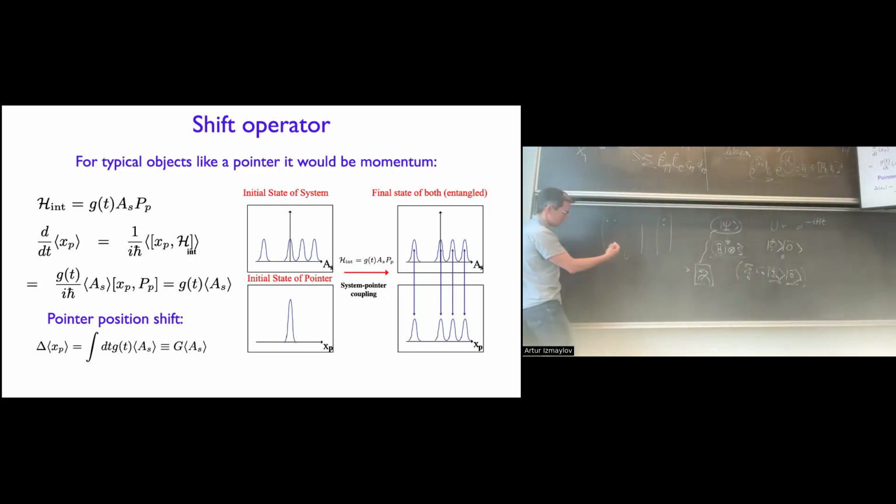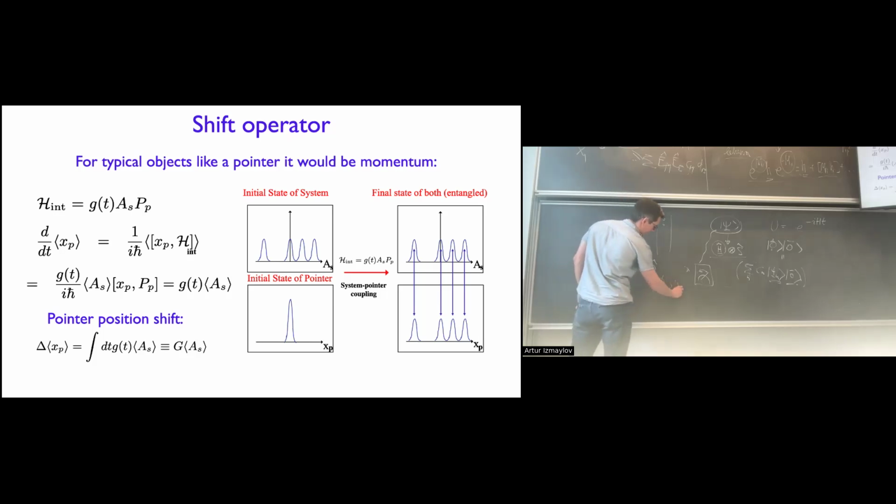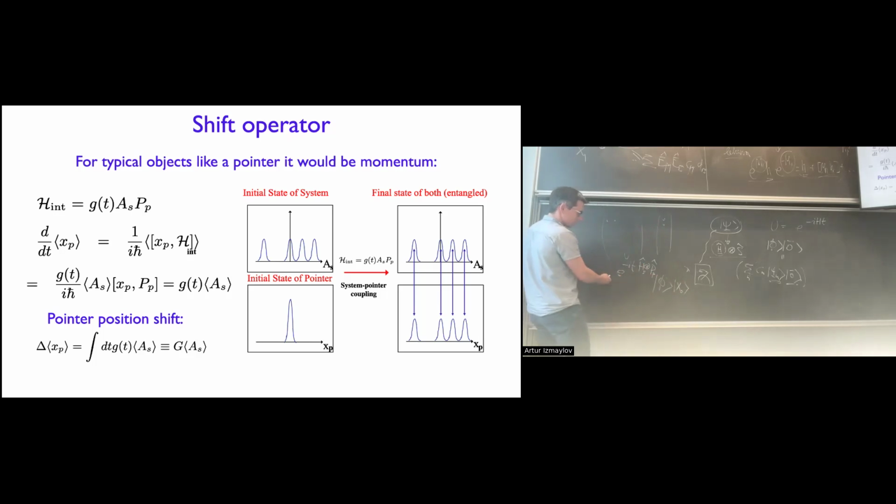And you could think that in the lab, what they're doing, let's say this operator that we started writing is h, and then it's multiplied by momentum that is acting on the pointer. And this is a system operator. And then we put the system in the superposition and the pointer in some position x0. And what this will result in is now a different superposition, but it's going to be entangled.